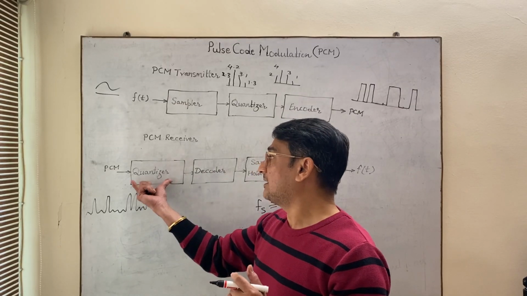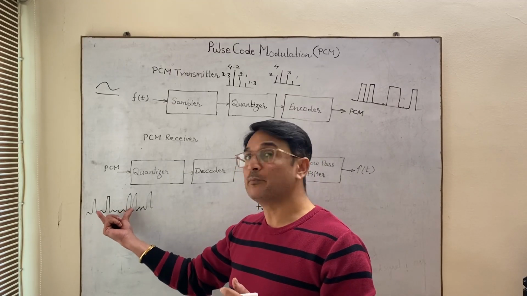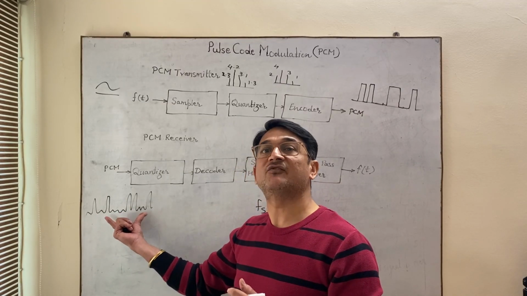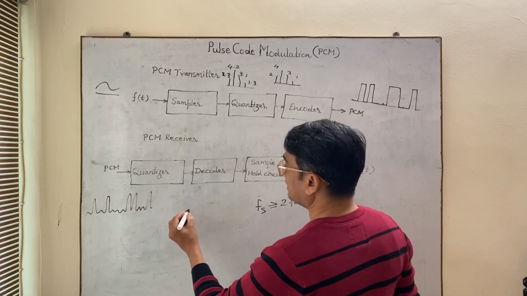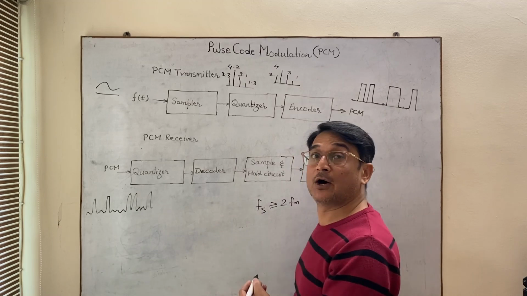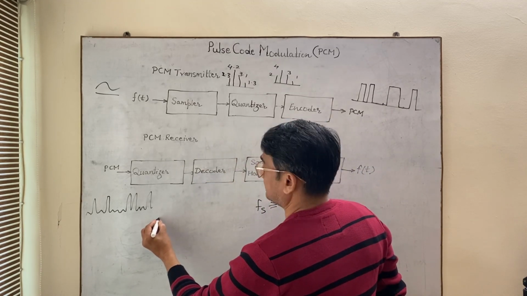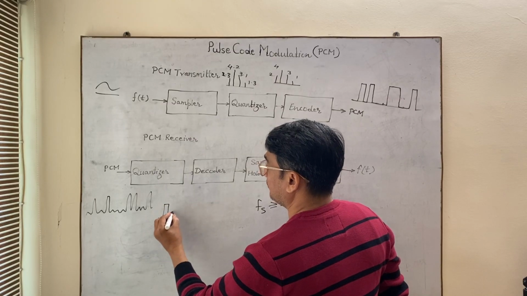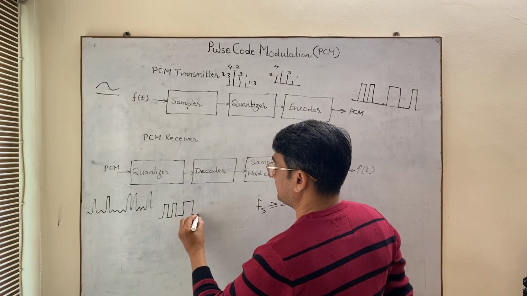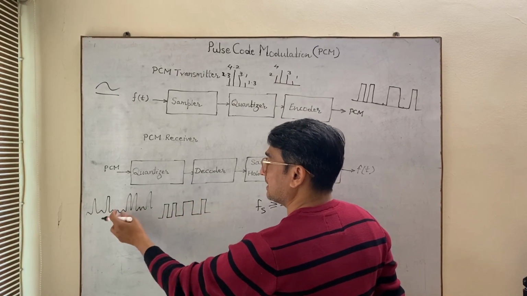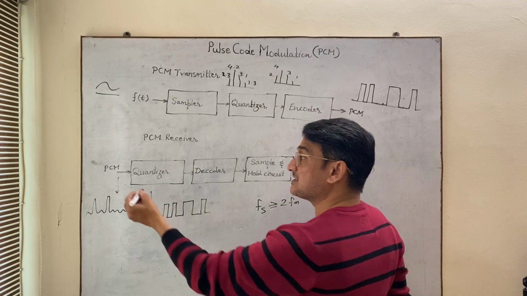Accordingly, the quantizer will recognize which bit is 0 and which bit is 1. So after the quantizer your signal will be the same as the output of the encoder: 0 1 0 1 0 0 0 1 1 0 0 1. This is the exact signal which we transmitted.